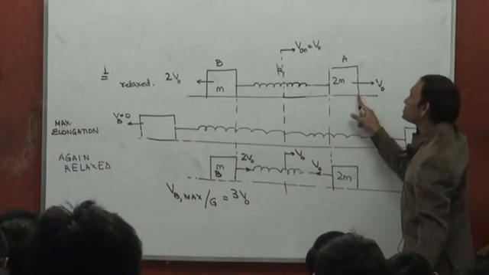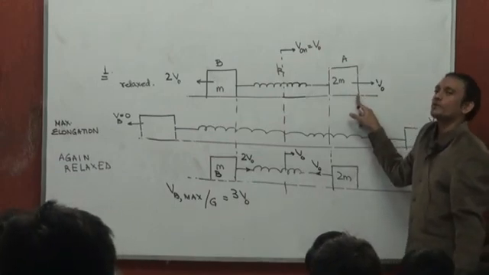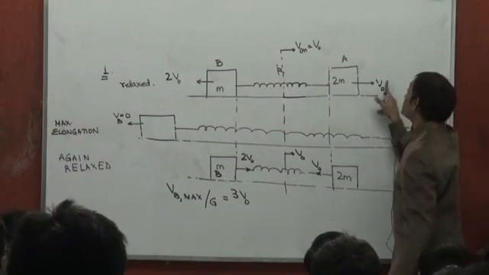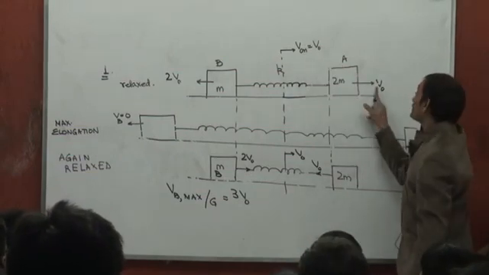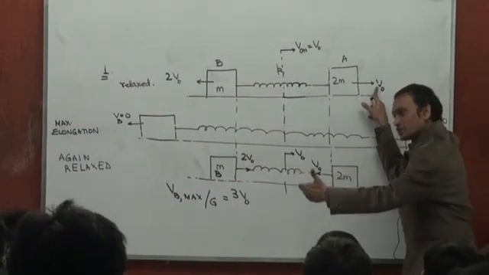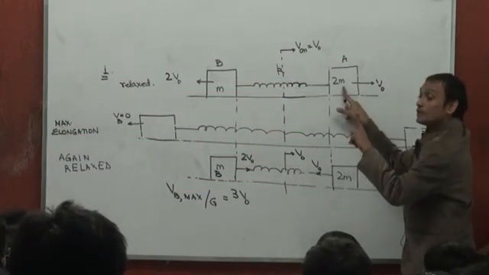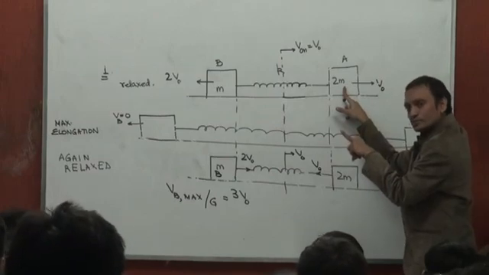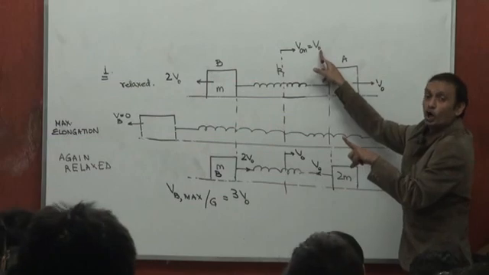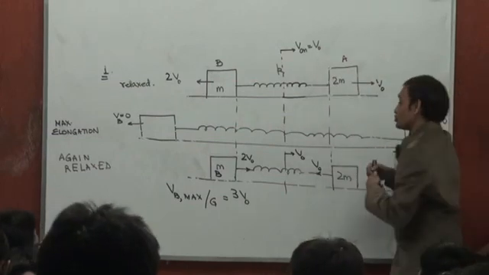So which means this is a state where a maximum relative velocity occurs in the same direction. So the relative velocity is V naught and it's the maximum in the same direction as the center of mass, then the velocity from the ground perspective of 2m is going to be V naught plus V naught, which is 2V naught.